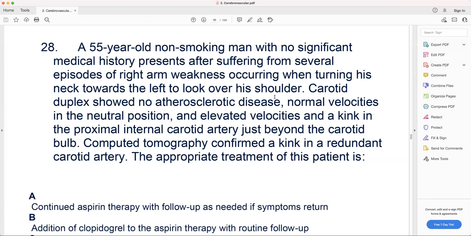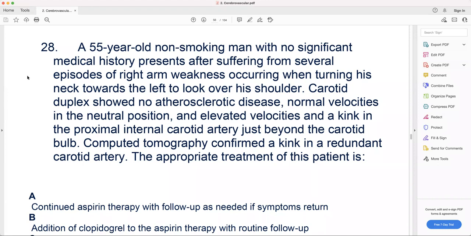All right. A 55-year-old non-smoking man with no significant medical history presents after suffering several episodes of right arm weakness, occurring with turning his neck toward the left to look over his shoulder.